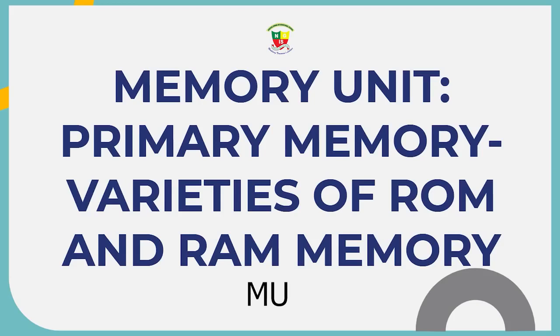First of all, I'd like to say that the memory unit can be subdivided into two. We have the first subdivision as the ROM, which is known as the read-only memory. Then we have the RAM, which is the random access memory.